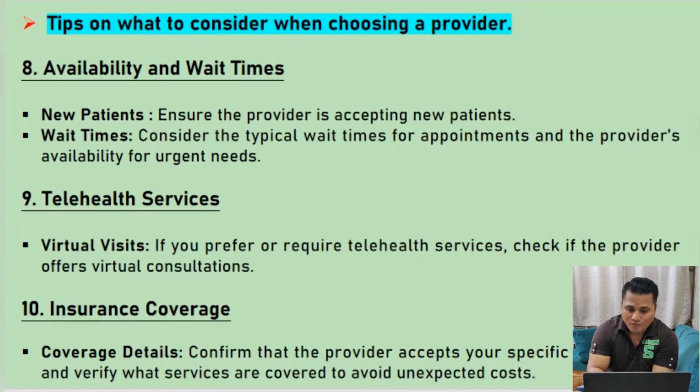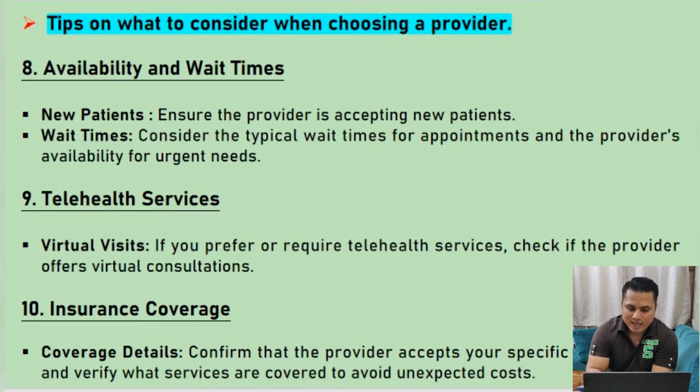Number eight, availability and wait times. New patients: ensure the provider is accepting new patients. Wait times: consider the typical wait times for appointments and the provider's availability for urgent needs.